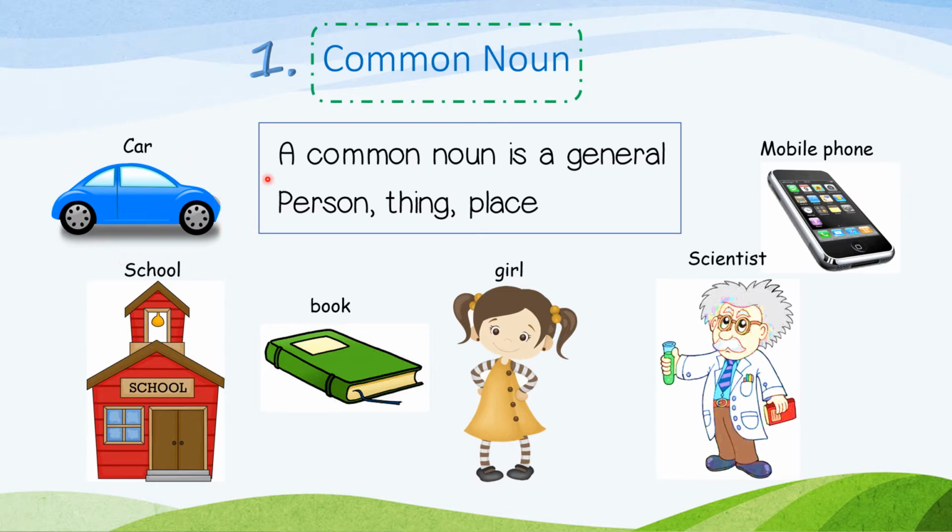It's a general word, car, just a car. Here we have school, any school. Here, book, girl, scientists, and a mobile phone, and so on. These are very general words. So the word car, the word school, the word book is called a common noun.